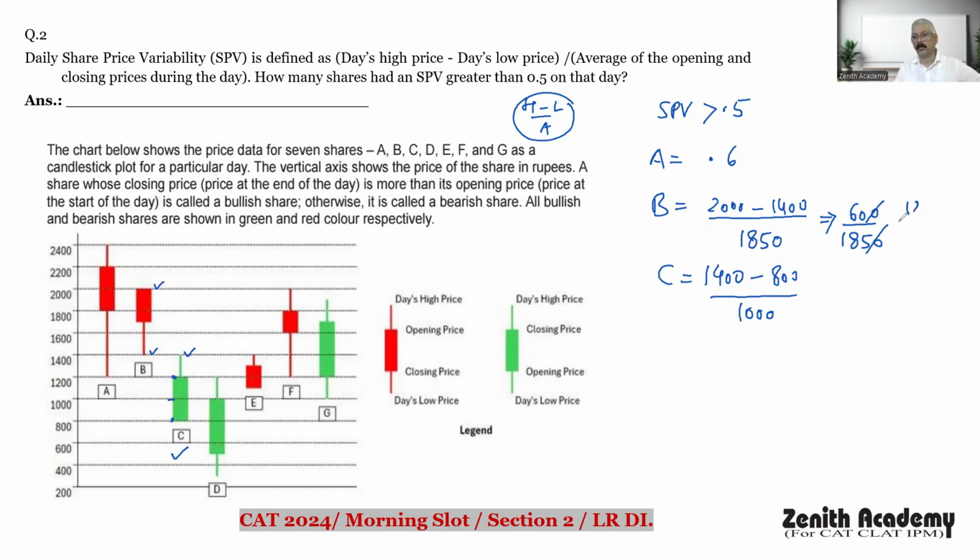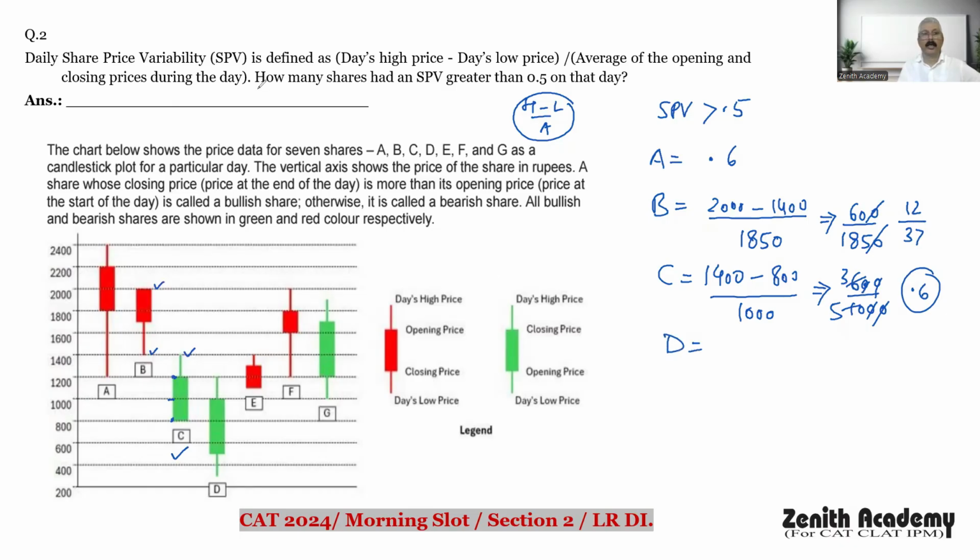This is 600 upon 1000, so it is 3 by 5, equal to 0.6.